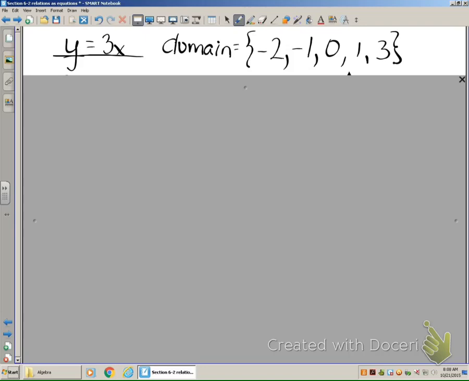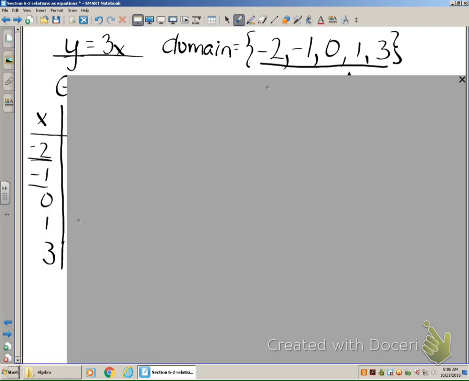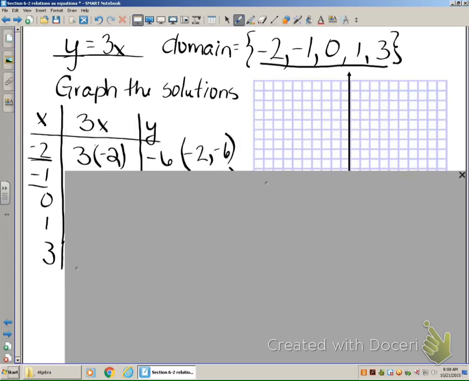So given the domain, remember the domain is just a set of x values. So all of these numbers up here are my x's. I'm going to plug them in place of x. I'm going to start off with 3 times -2. 3 times -2 is -6. So I've got an ordered pair, (-2, -6).